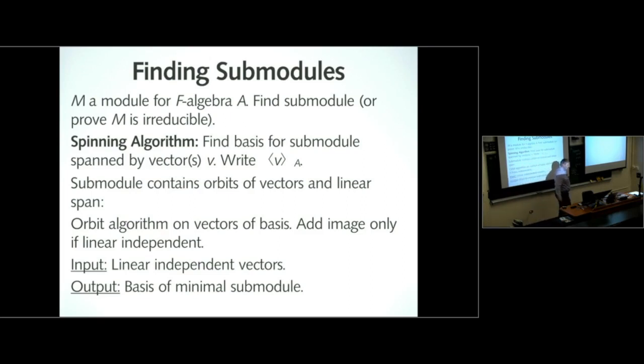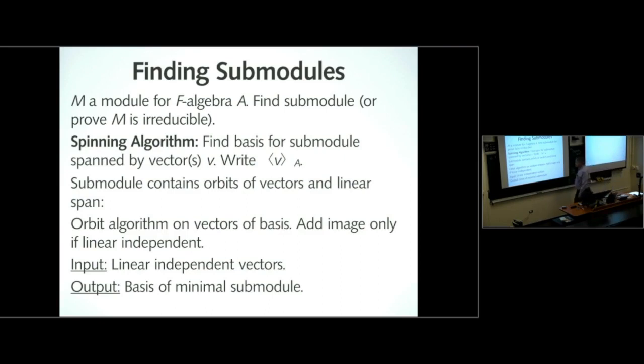How do we do this? Well, if the submodule contains a vector, it will contain all images of the vector, because otherwise it's not a submodule. And it will contain all linear combinations, because otherwise it isn't even a subspace.